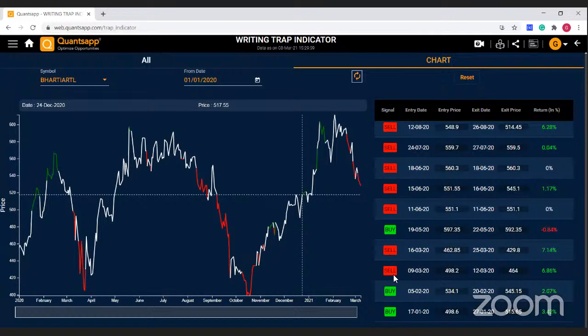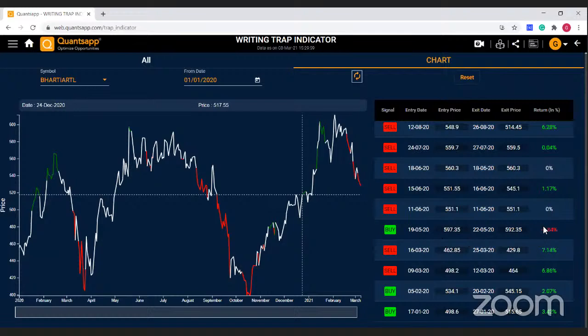In March, it gave the sell signal, and the return was nearly 7%. Then on the 12th it ended the signal, the exit date. Then on 16th of March 2020, it again gave the sell signal till 25th of March, and the return was nearly 7%.